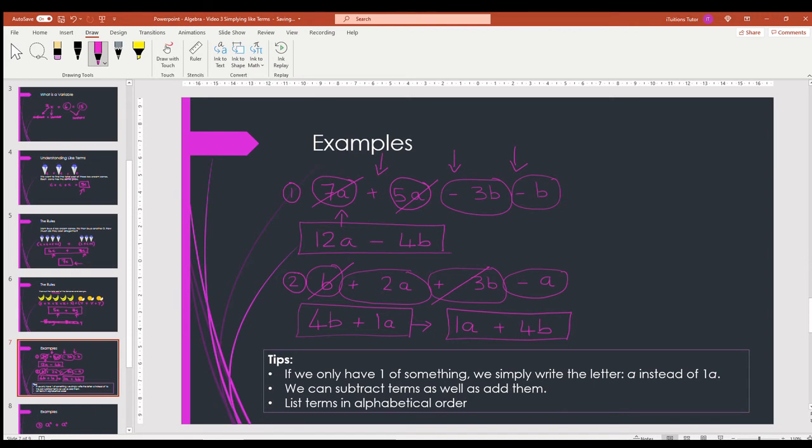So for example, we've got 1a. So we would only write the a, because 1a, which is the same as 1 multiplied by a, we would still get a, which is why we would only write a on its own and we would remove the 1. So this is how we would write it, a plus 4b.